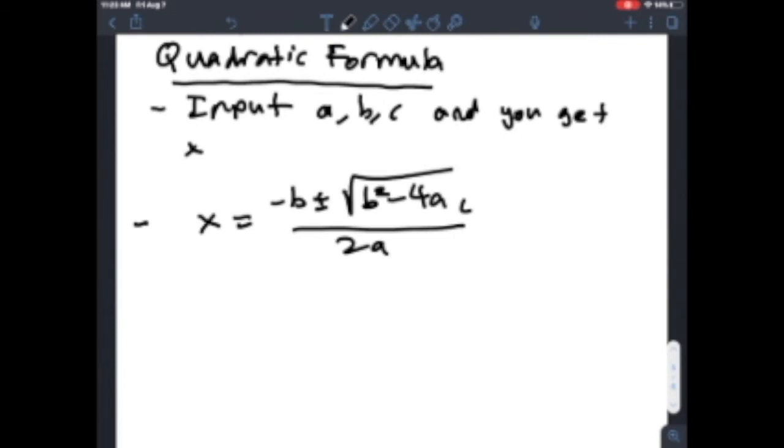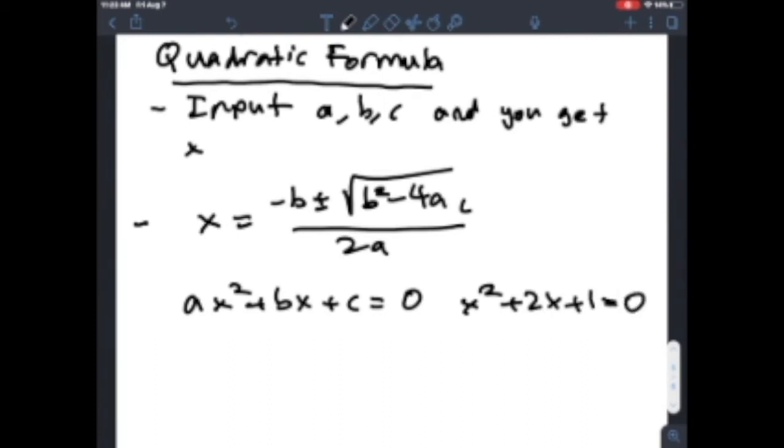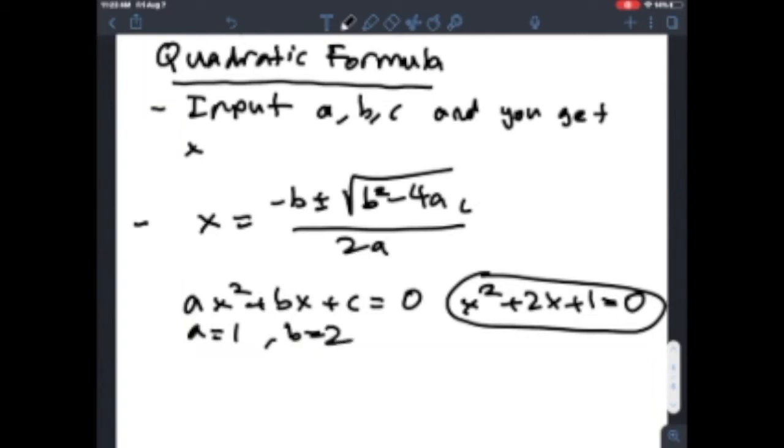But anyway, what this means is, remember, a quadratic is set up like this: ax squared plus bx plus c equals 0. And if they give you the equation we did in the last example, x squared plus 2x plus 1 equals 0, what is a, b, and c for this equation? Well, a equals 1, because there's 1 x squared. b equals 2 because there's a 2 coefficient on the x. And c equals 1.